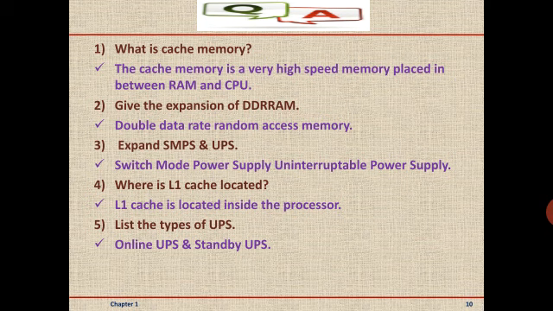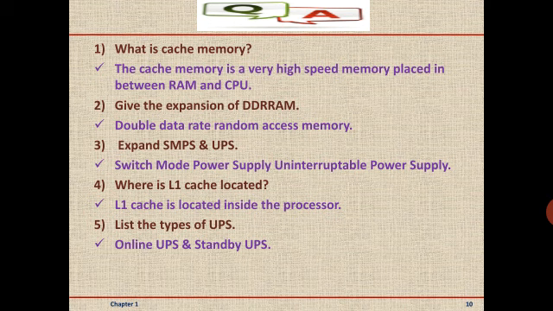Last question is, list the types of UPS. Two types of UPS. One is online UPS, second one is standby UPS. So here the first chapter, that is configuration of computer system, is completed.